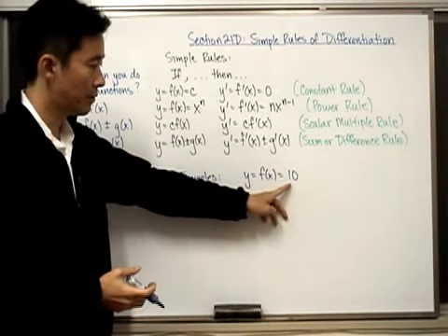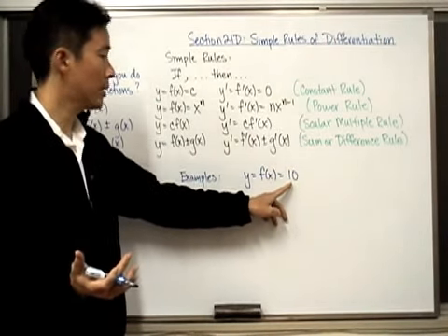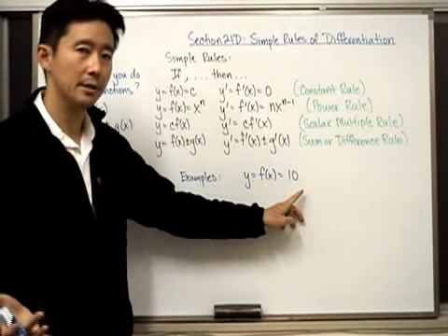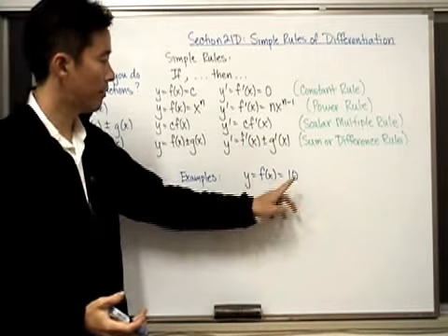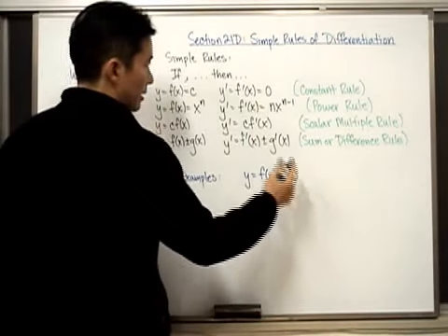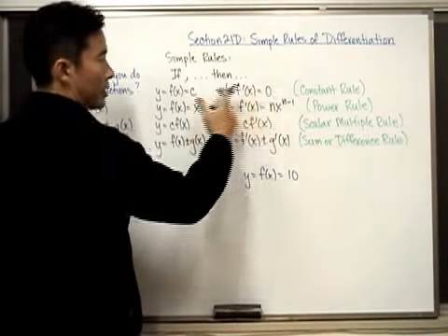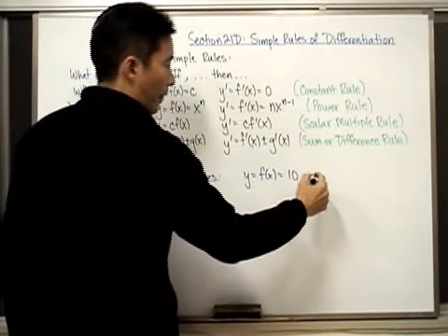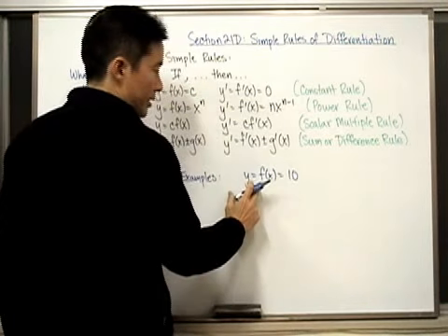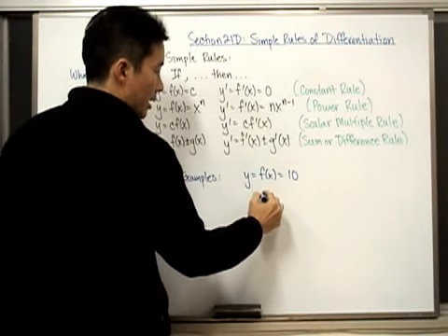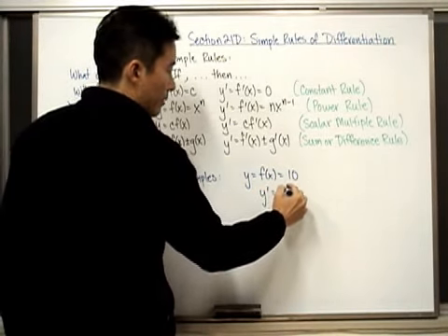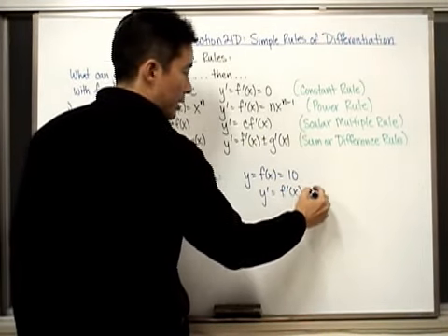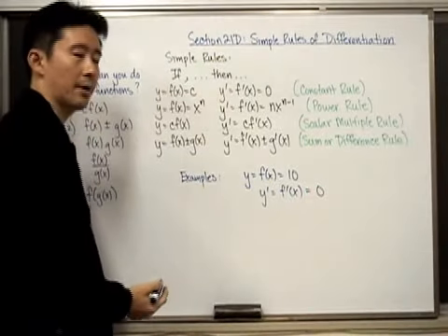Remember, the reason this is a constant function is that there's no variable here. In order to take the derivative of a constant function, the derivative function is always 0. So y prime, which is the same thing as f prime of x, the derivative function, is always going to be equal to 0.